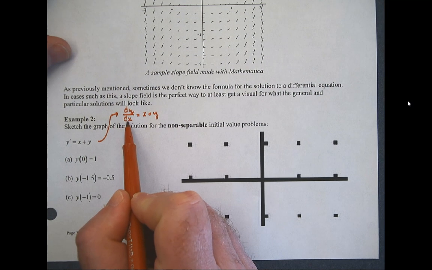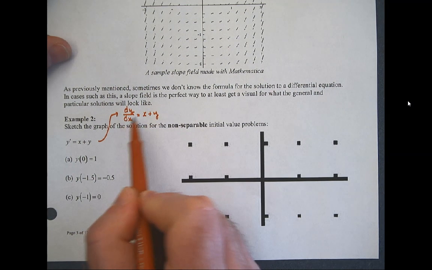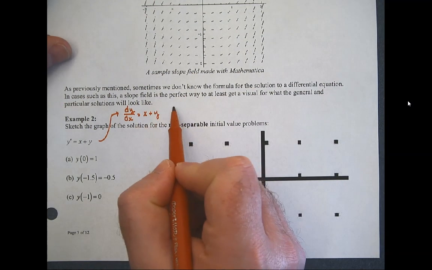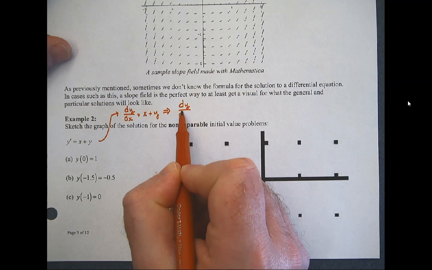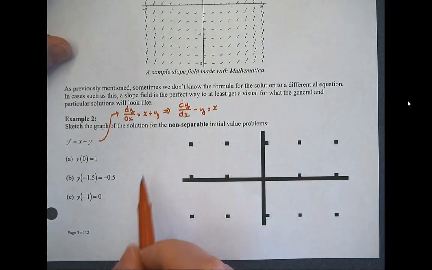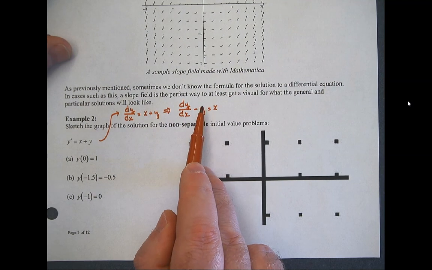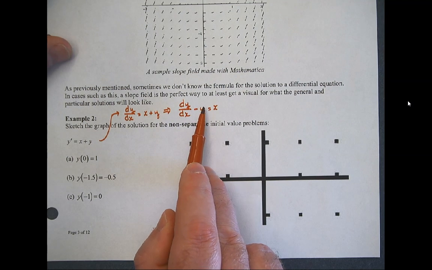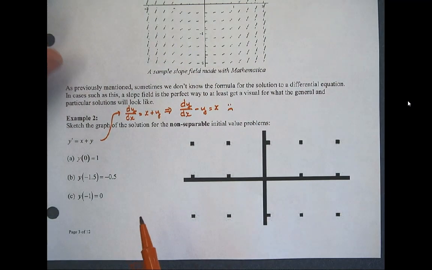I can't multiply by dx and then subtract y because I'd have to distribute the dx. Well, let's move the y first then. So I would get dy/dx minus y equals x. Now I multiply by dx to move it over here. Yeah, I got a dx there, but I'd have to distribute it, and I'd still have a dx here. So there's no way for me to separate this so that I can use my algebra skills to integrate. So this is where our slope field really comes into play.